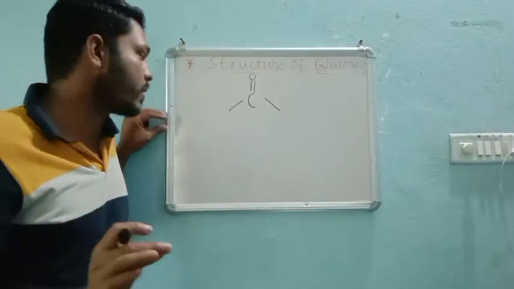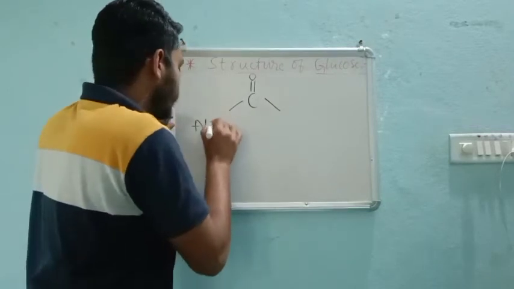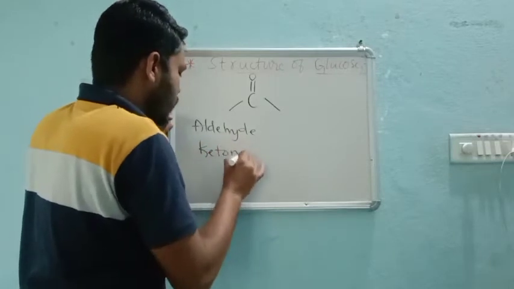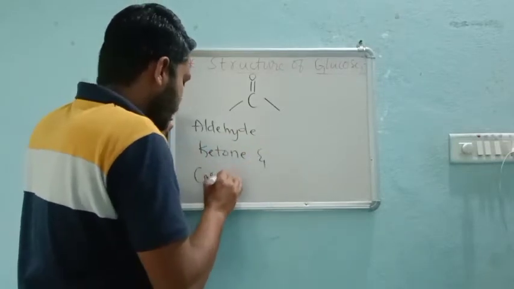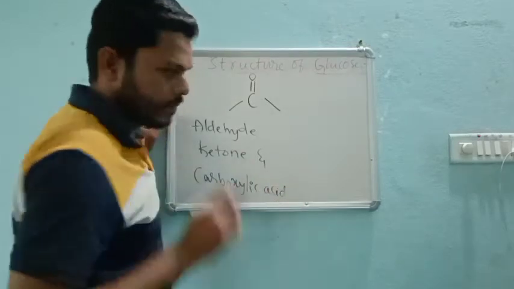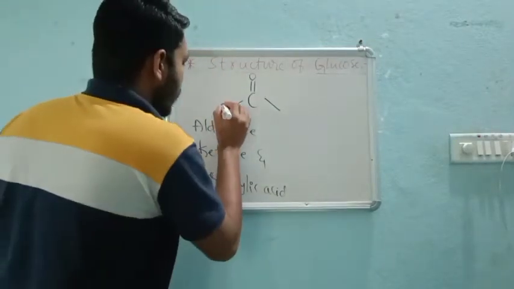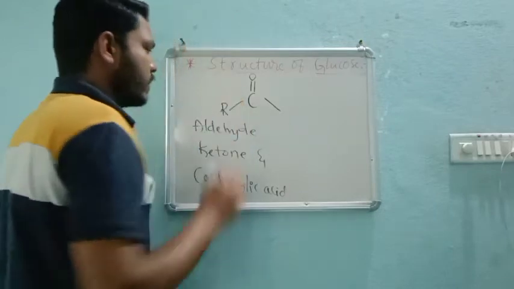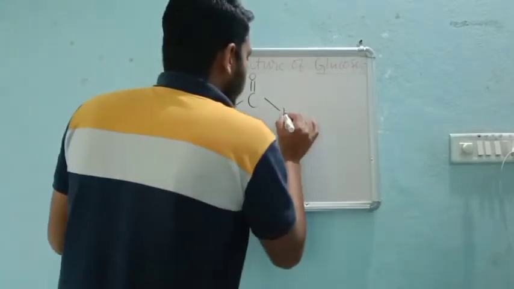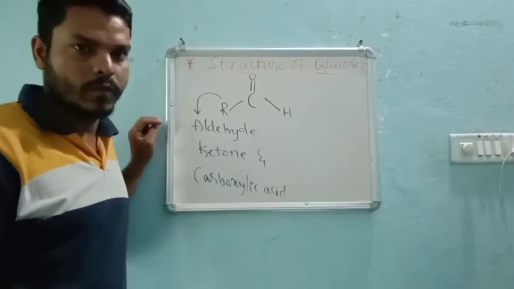Understood? Clearly try to understand this point. Carbonyl group is common in aldehyde, ketone, and carboxylic acid. I'm just going into detail now. If R is present, I mean a methyl group, with one hydrogen, then this is called an aldehyde.